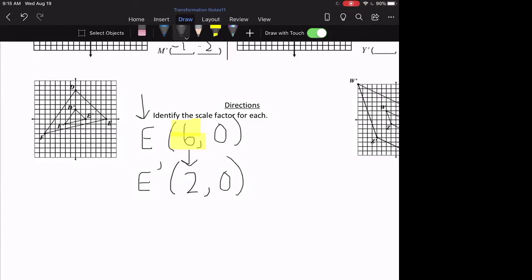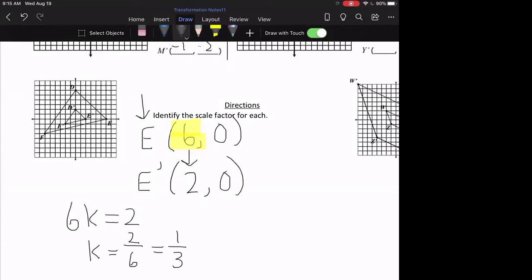So we can write an equation to find our scale factor, which is k. 6k equals 2, because that's our new x value. So we would have k equals 2 over 6, and we can simplify that to equal 1/3.